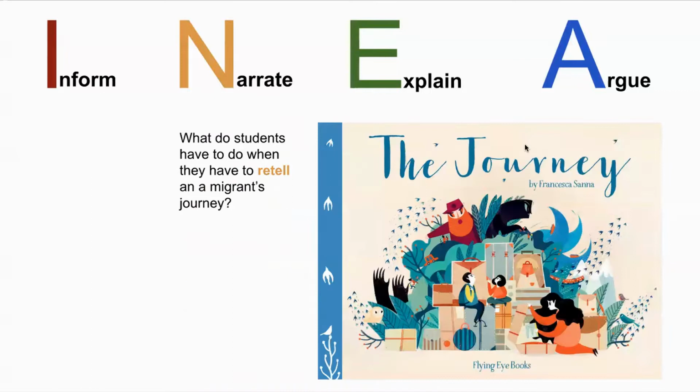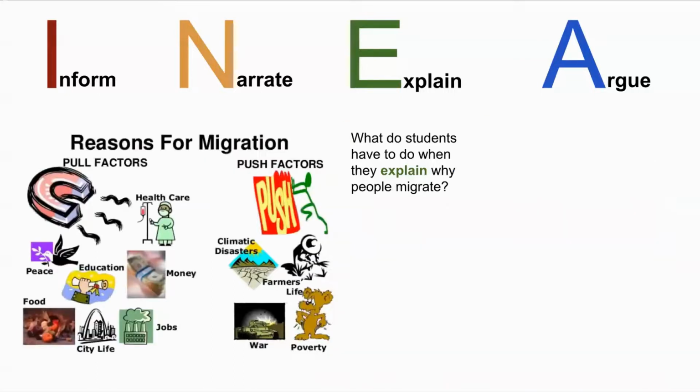Let's say that the teacher wants students to narrate. I'm going to have to help scaffold the characters, the setting, the climax, the resolution. So I'm thinking about that as I plan with my teacher. Let's say that the teacher wants to talk about reasons why people migrate.